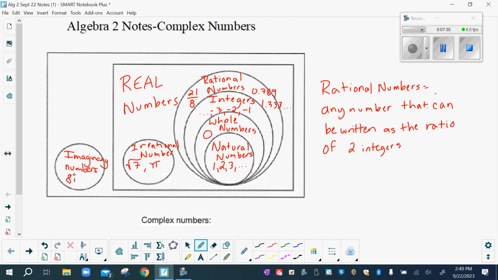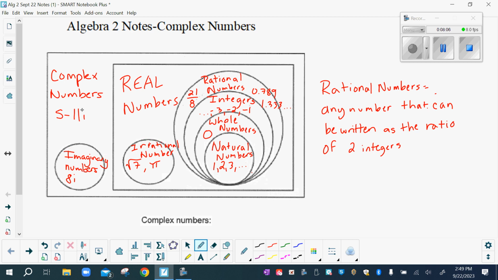So now we have another type of number, and the other type of number are complex numbers. So complex numbers encompass everything. Real numbers are complex numbers, imaginary numbers are complex numbers, and we have a combination of both a real and an imaginary part. And that's what we're going to work on today, like 5 minus 11i, for example.